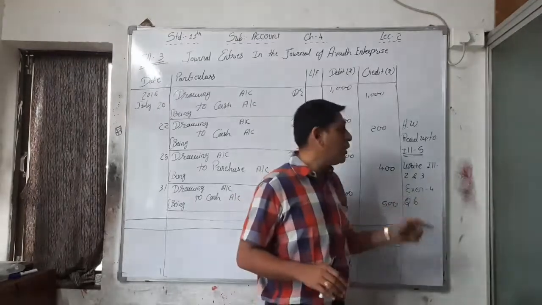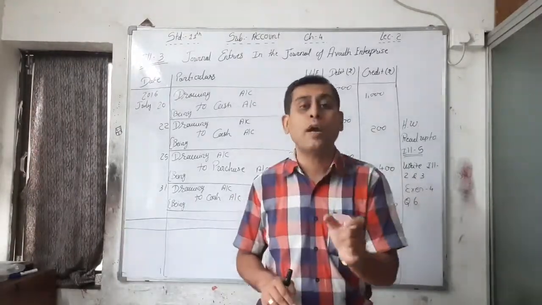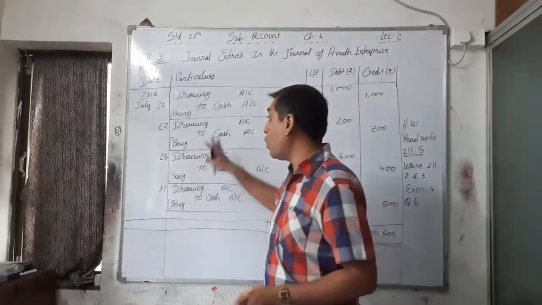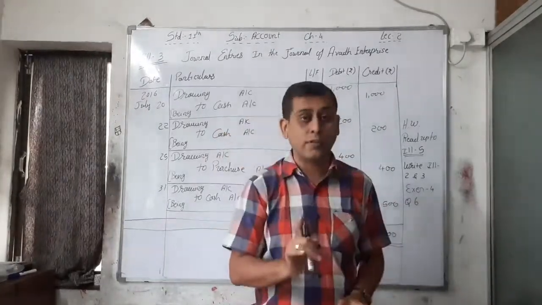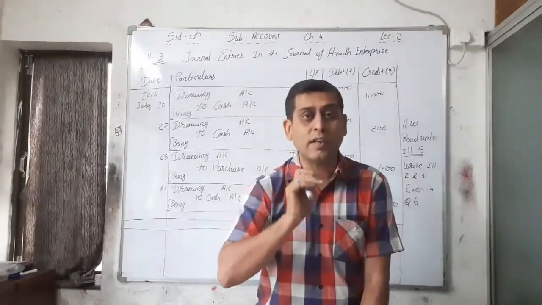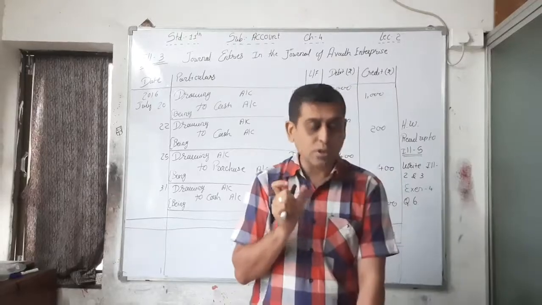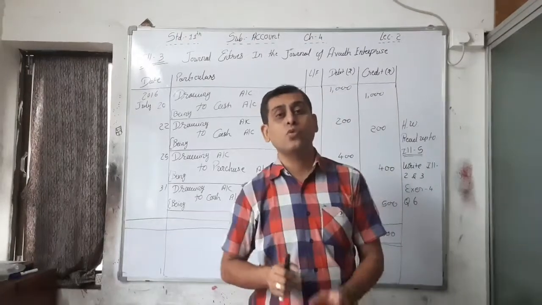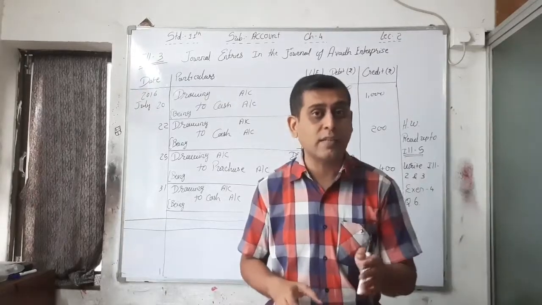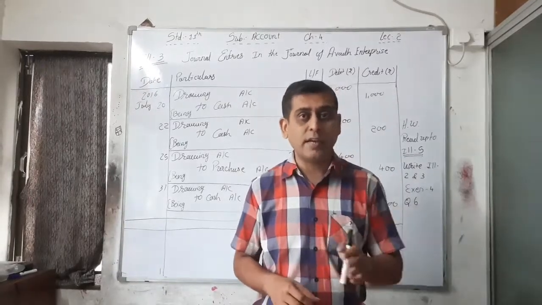And now in your exercise book you have to write exercise 4, question number 6, relating to only capital and drawings. See that transactions for capital and drawings, specifically, is the instruction. So you have to write that particular exercise sum in your exercise book.